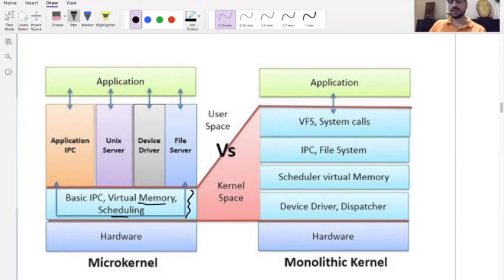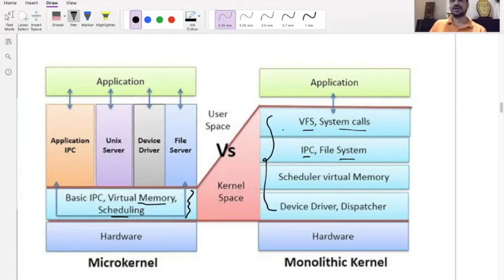Now, if we talk about the monolithic kernel, then all these things like device driver, dispatcher, scheduler, virtual memory, inter-process communication, file system, virtual file system, and your system calls will all be in one program, and all of these are part of the kernel, running in the kernel space or system space.